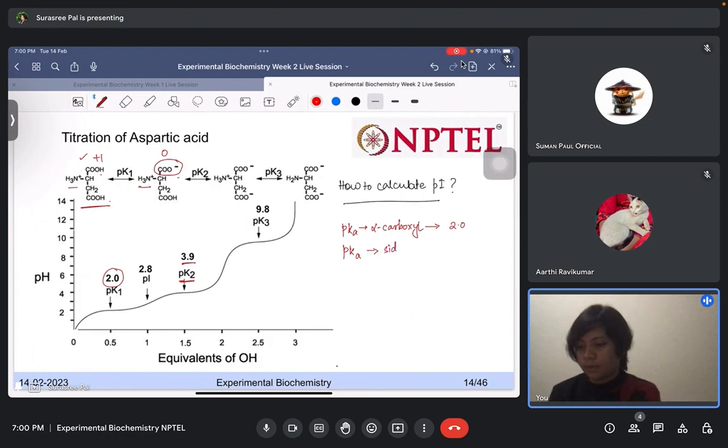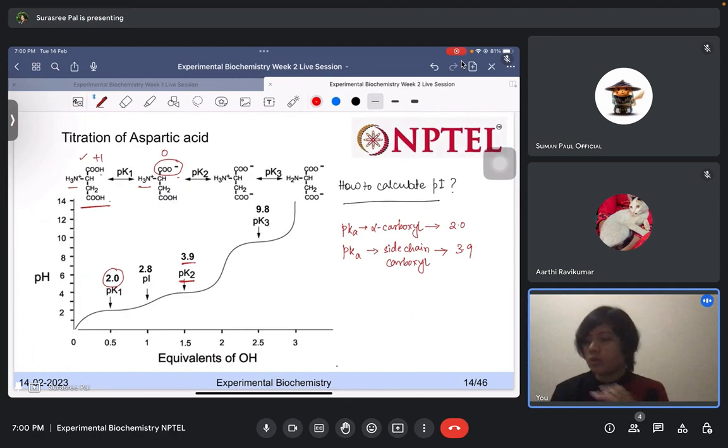So the pKa of the side chain carboxyl group is 3.9. So when we increase the pH to 4, then what happens?